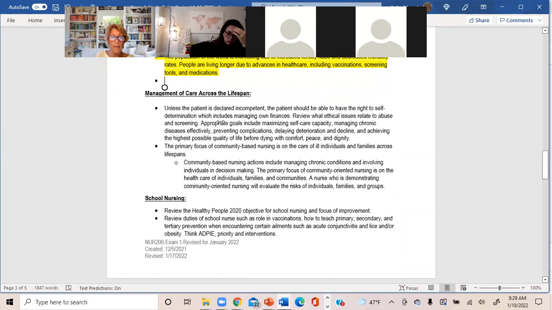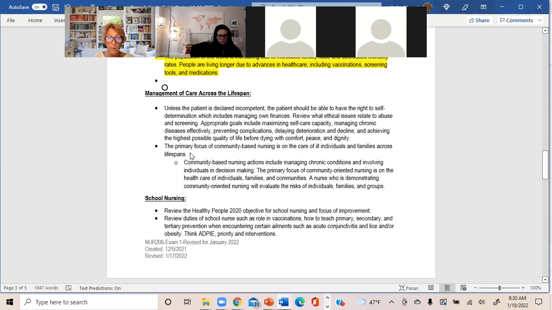Okay, how do we manage care across the lifespan? Unless the patient, we talked about this, is declared incompetent, the patient should be able to have the right to self-determination, which includes managing their own finances. Okay, so I'm just reading through this.